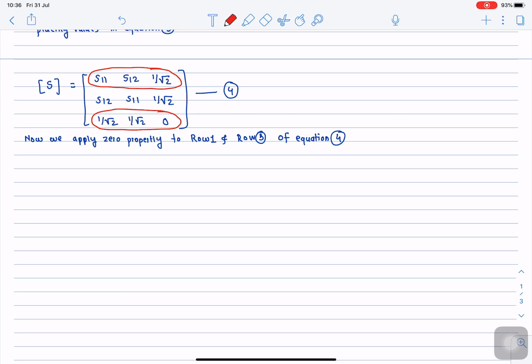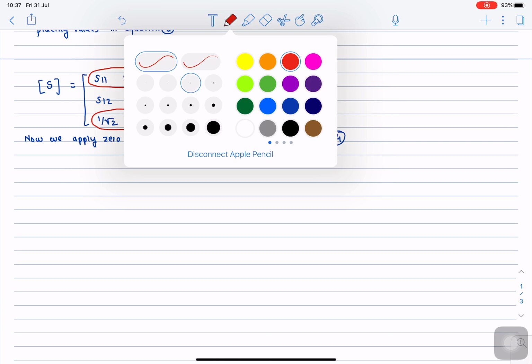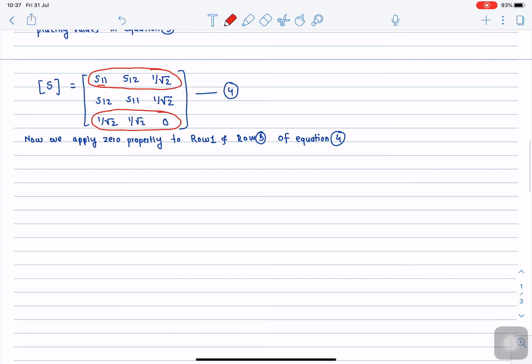First take the term S11 and the same term of the third row, that is 1 by root 2, and take their product. S11 of the first row multiplied by the corresponding term of the third row, that is 1 by root 2. This is the product.